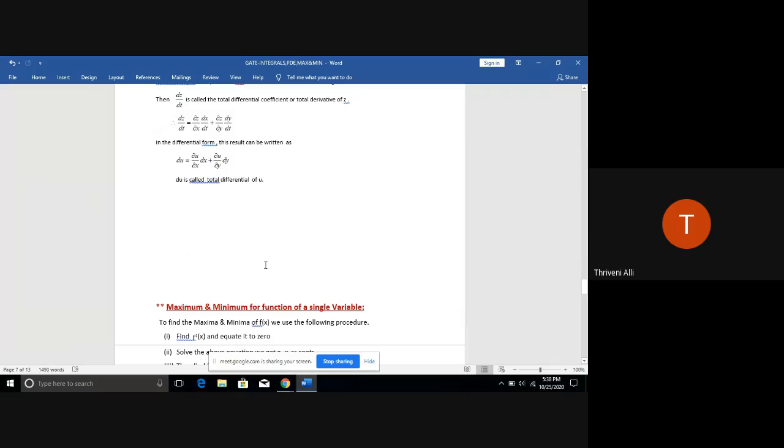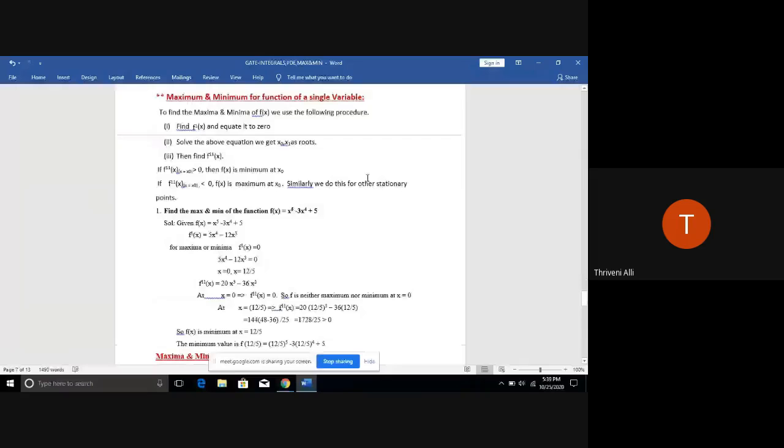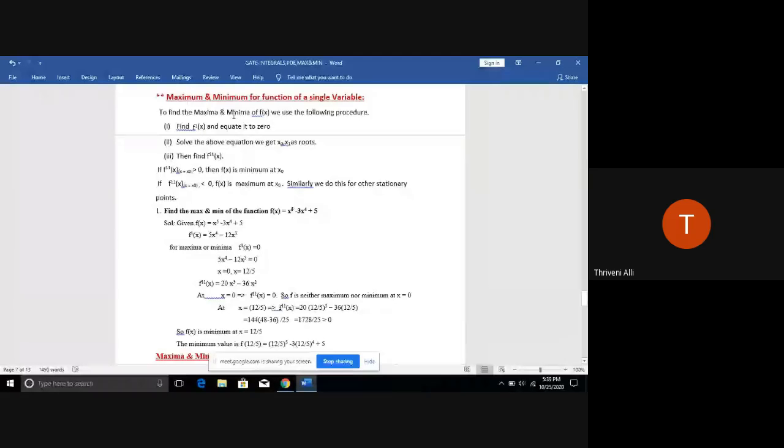Okay, so this is all some basics of partial derivatives. Next, maximum and minimum. Maximum and minimum for a function of a single variable. Already you know this very well. To find the maximum and minimum, there is a procedure. First of all, a function is given. Find f dash of x and equate it to 0.